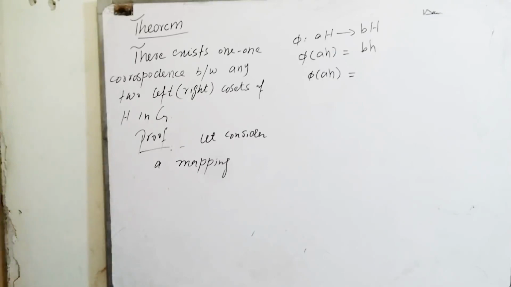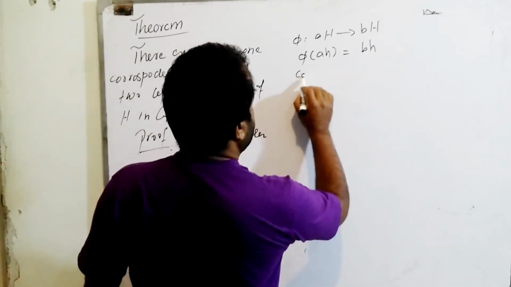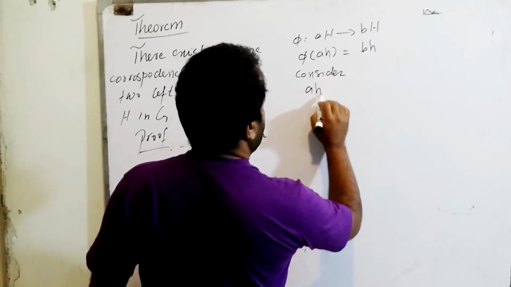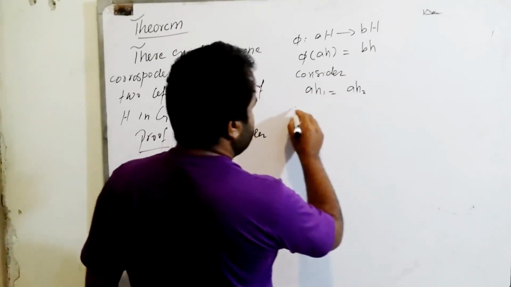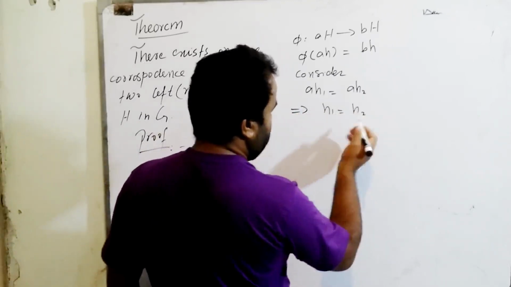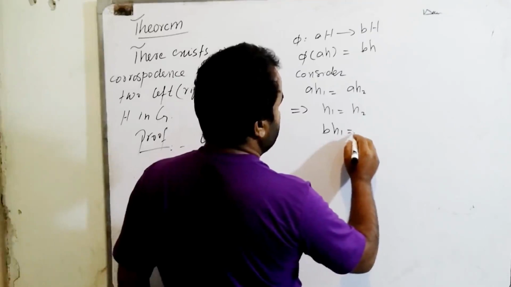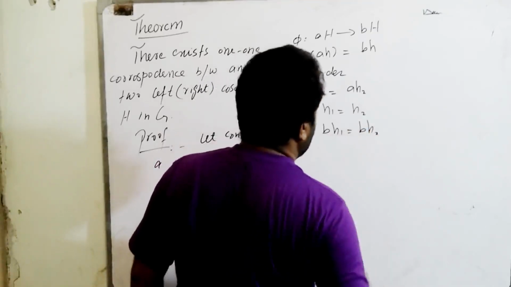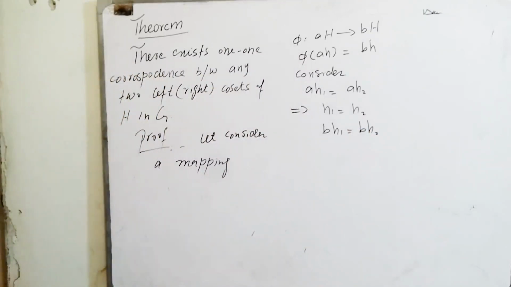Consider AH1 is equal to AH2. This implies that H1 is equal to H2. Now we multiply on both sides by B, so BH1 is equal to BH2.